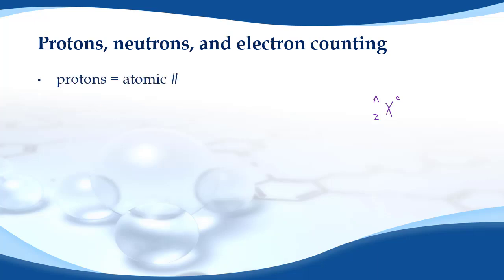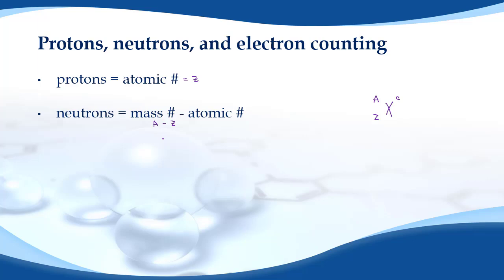Okay, so here's how we go about figuring this out. The number of protons is equal to the atomic number, which is just equal to Z. Right, so straightforward. You don't even need to be given this number. Just look it up from the periodic table and you're good to go. The number of neutrons is the mass number, right? So that is A minus the atomic number Z, and that will get you neutrons.